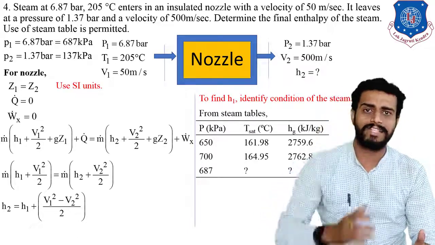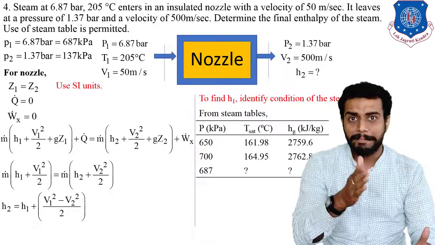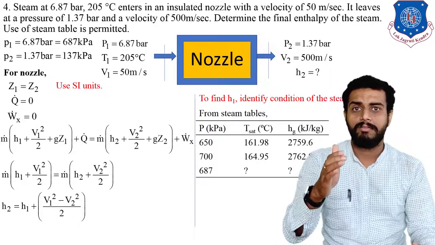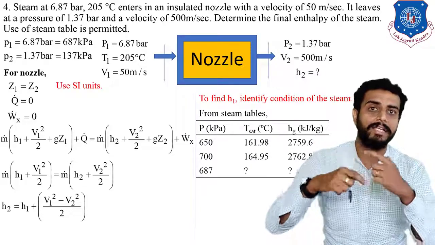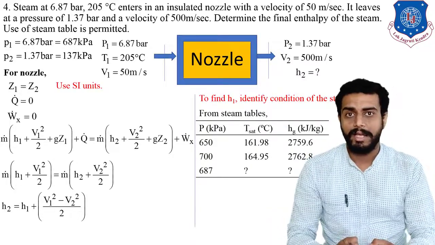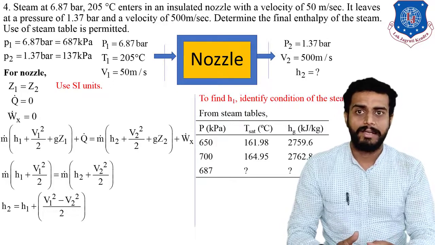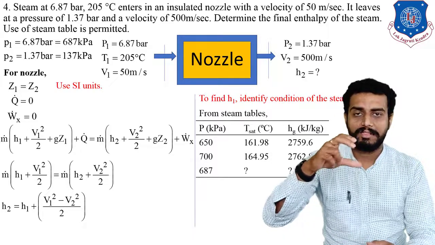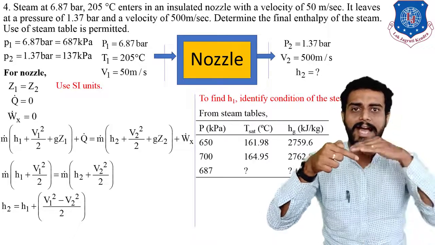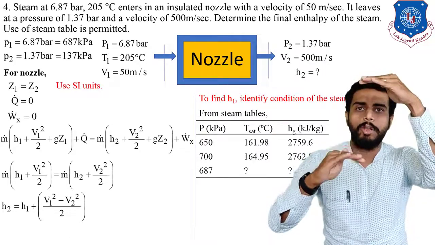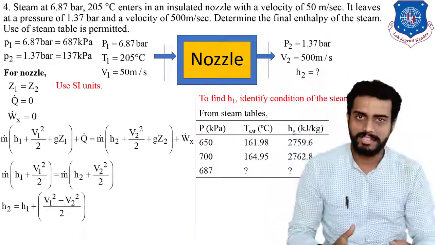Now what is the meaning of saturation temperature? It is the temperature at which the water will start boiling, or start evaporating into steam. So obviously, if at saturation temperature the water starts boiling, then at higher than the saturation temperature the whole water will be in superheated steam condition.